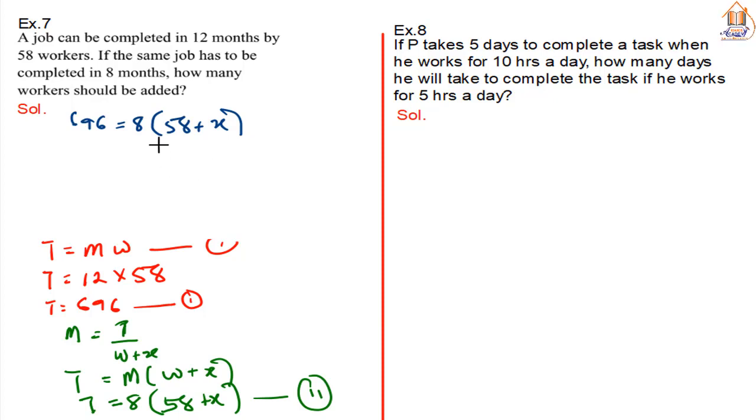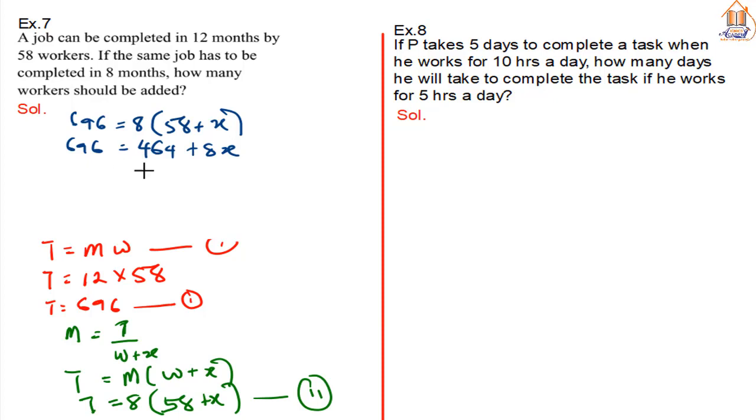What are we going to do? We're going to open this bracket. So we have 696 is equal to 58 times 8, which gives us 464, plus 8 times X, which gives us 8x. Now we're going to simplify this.